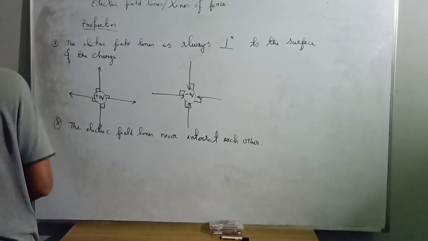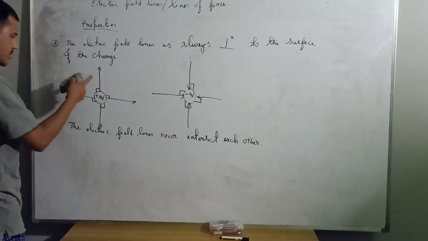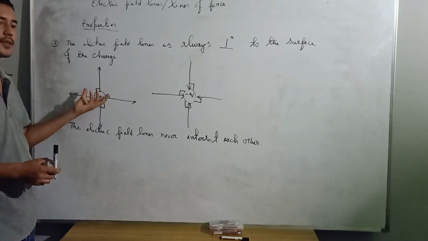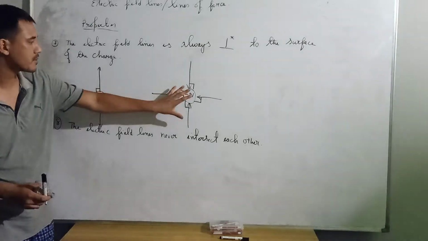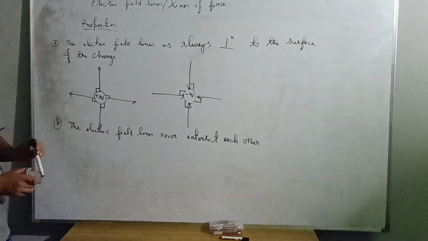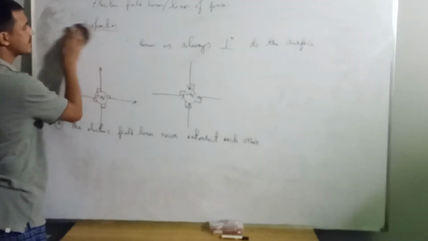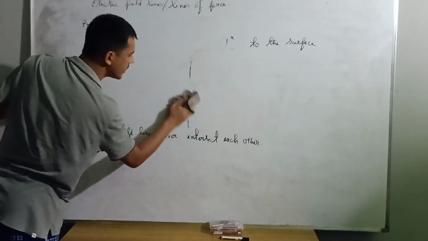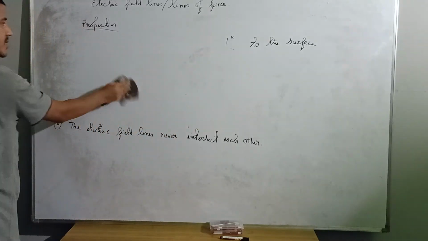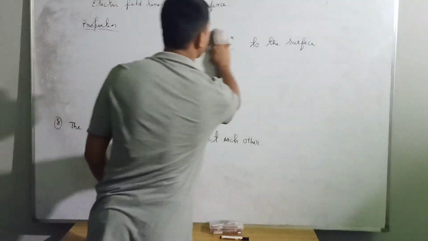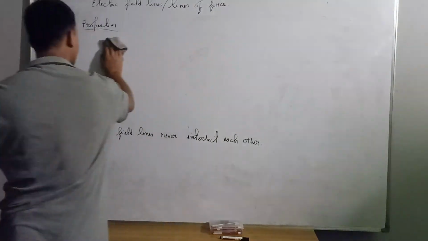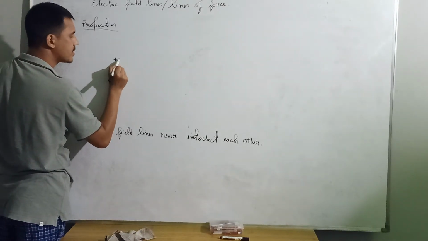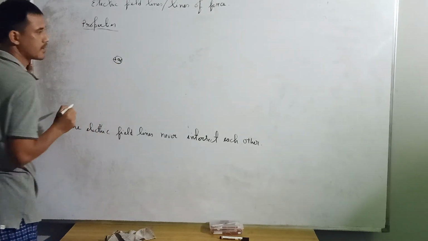The ninth property: these electric field lines are repelled by a positive charge and attracted by a negative charge. Let's see the figure. So suppose this is your positive charge here.